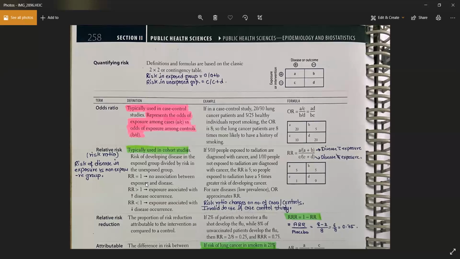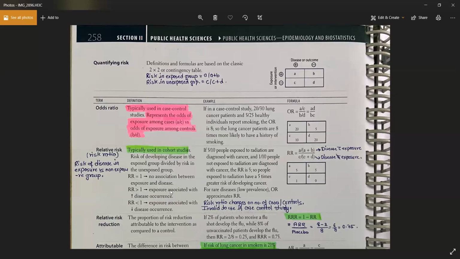If I got a relative risk of more than 1, that means the chances of having the disease in the exposed group are more than in the non-exposed group. That means my exposure is actually contributing in some way to the disease process, so the exposure is associated with the disease occurrence.